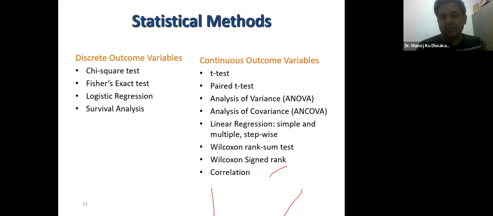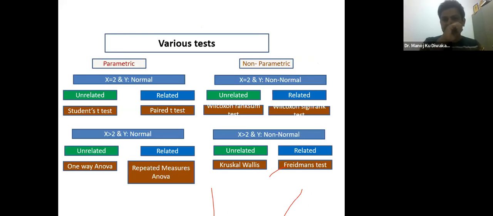Lot of things are there in the continuous outcome variable. You can do analysis with many variables, so it's up to you what kind of analysis you can perform with continuous data. The privilege is with you: you can apply as many analyses as you can with continuous data.